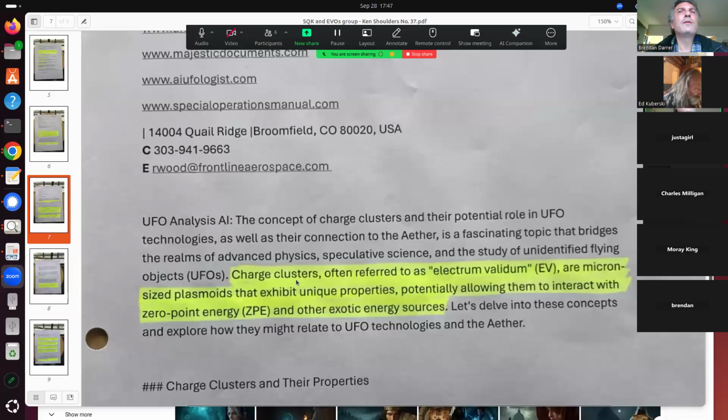Charge clusters, often referred to as electrum viridium or EV, are micron-sized plasmoids that exhibit unique properties, potentially allowing them to interact with zero-point energy and other exotic energy sources. Let's delve into these concepts and explore how they might relate to UFO technologies and the ether.